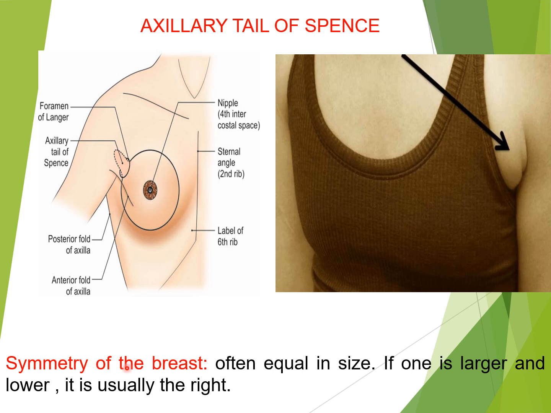Now what about the symmetry of the breast? Usually the breasts of both sides are equal in size. If one is larger and lower, it is usually the right breast, but often they are equal in size.